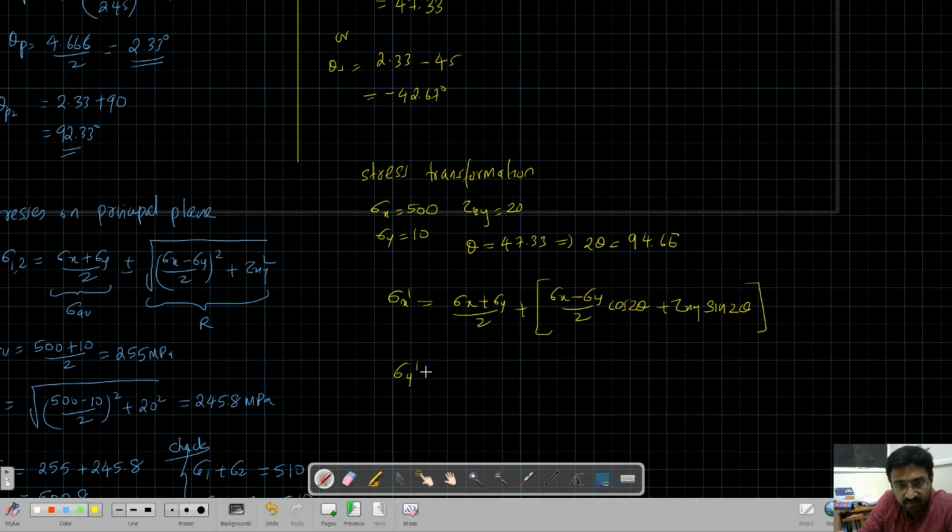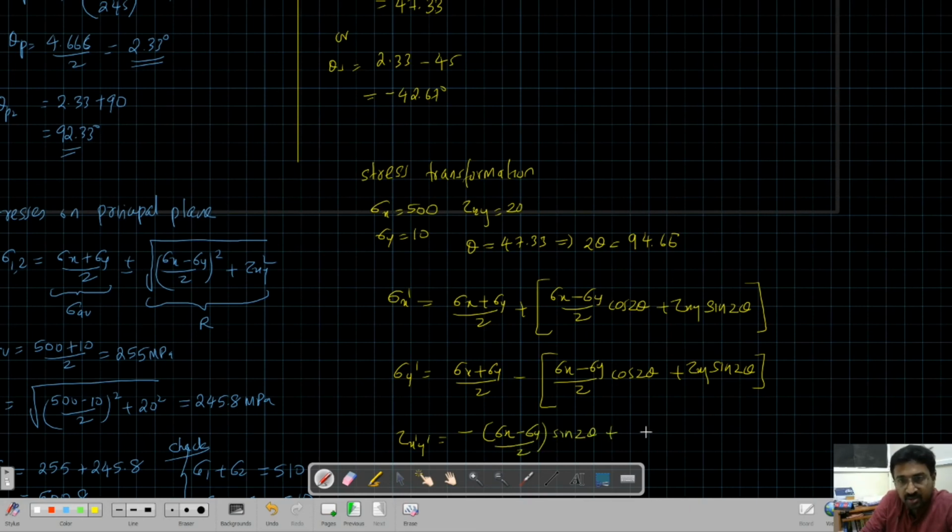Sigma y dash is equal to sigma x plus sigma y by 2 minus sigma x minus sigma y by 2 cos 2 theta minus tau xy sin 2 theta, and shear will be equal to minus sigma x minus sigma y by 2 sin 2 theta plus tau xy cos 2 theta. So these three equations you have to remember.